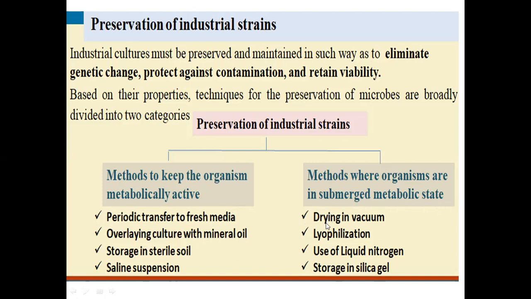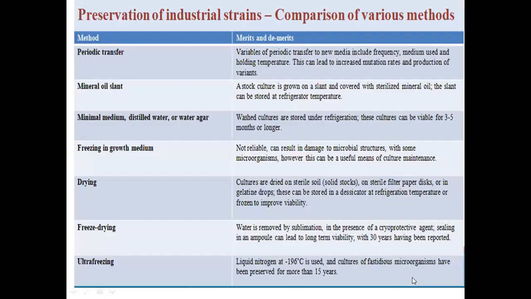The most commonly used methods are drying in vacuum and lyophilization, usage of liquid nitrogen, and storage in silica gel. In the periodic transfer method, the merits vary, as periodic transfers to new media include frequency and the medium used and the holding temperature.